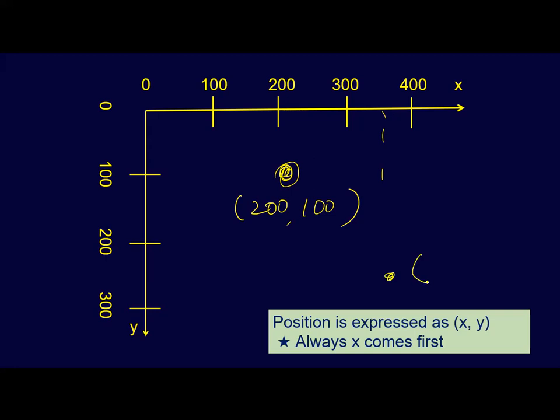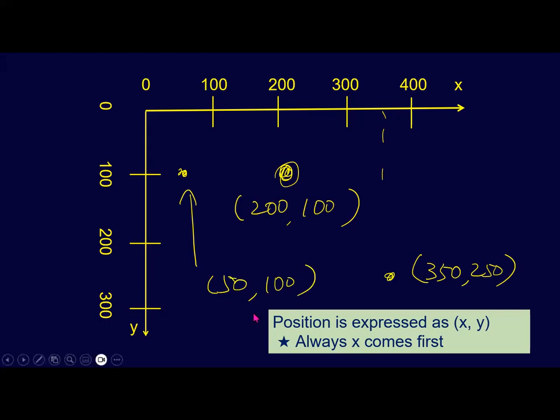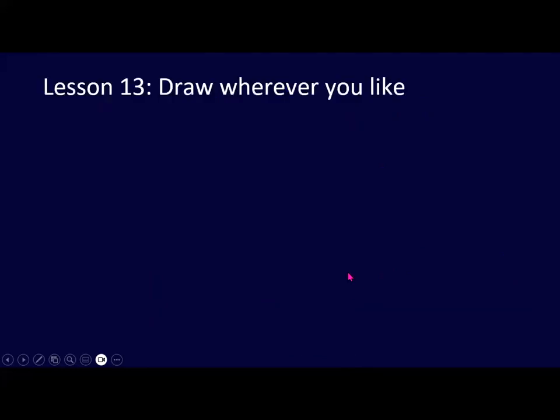Yeah, this is 350 and 250. Are you satisfied with this? Here, for example, tell me, 50, 100. It's like this. A position is always expressed as a coordinate pair of x and y. X always comes first.